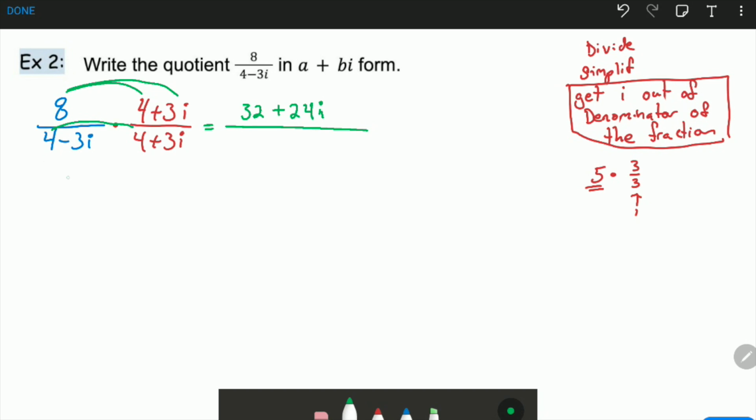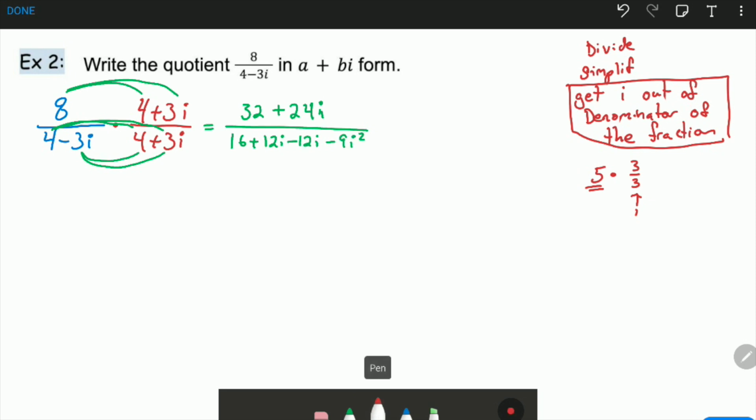But because they're both binomials, we're going to have to do that full distribution, the whole FOIL method. 4 times 4 being 16. 4 times 3i is 12i. Negative 3i times 4 is negative 12i. And negative 3i times positive 3i is negative 9i squared.